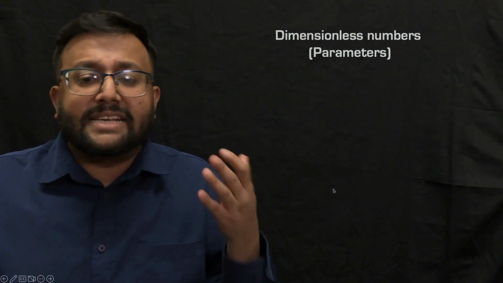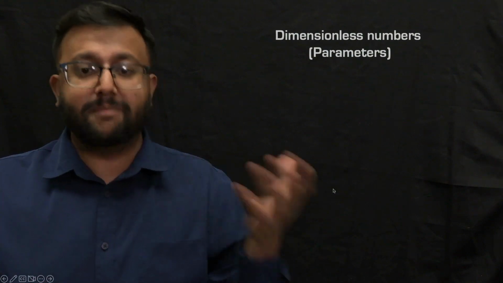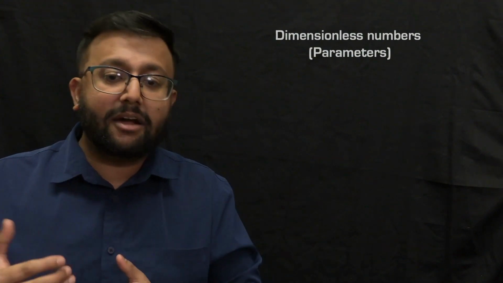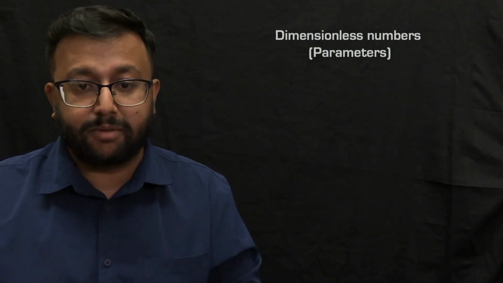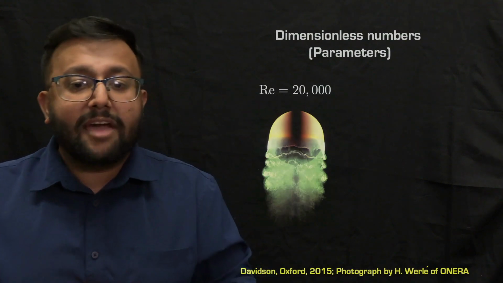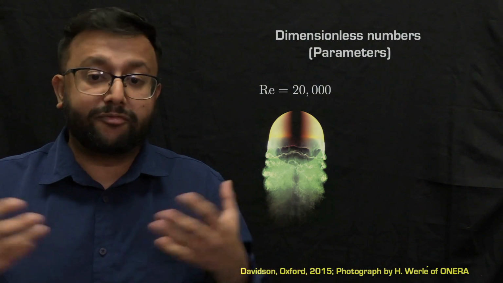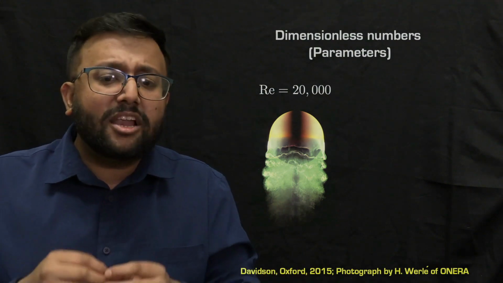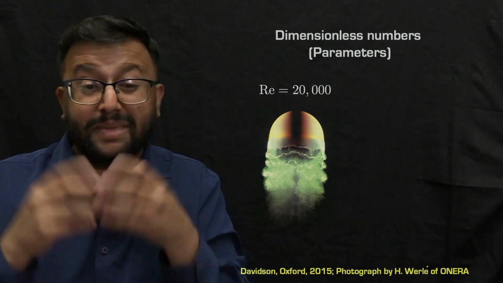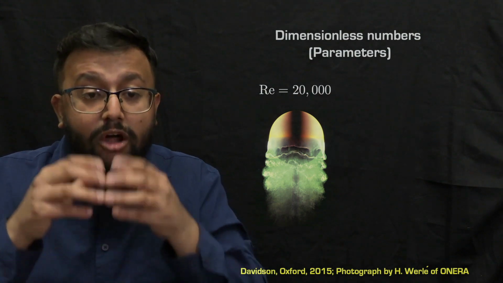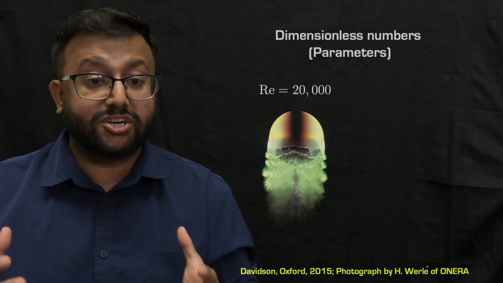So let's look at an example of flows with different dimensionless parameters. In particular, we'll be looking at different Reynolds numbers. Now, here on the left is a flow over a sphere with a Reynolds number of 20,000. And you can see a lot of flow patterns behind the sphere. In fact, there are a lot of large scale structures in this flow.